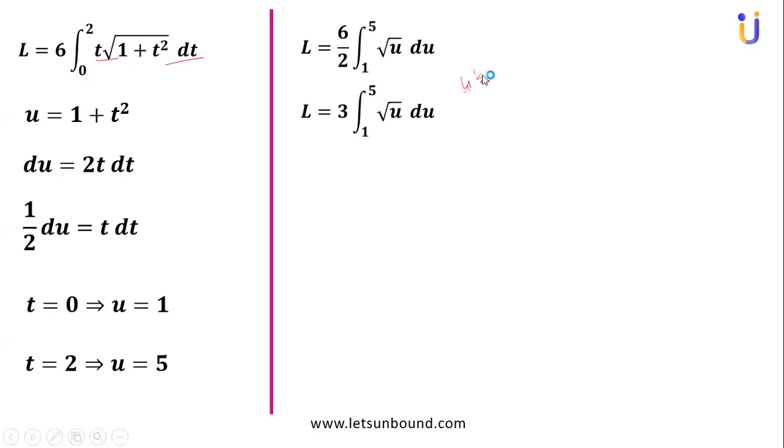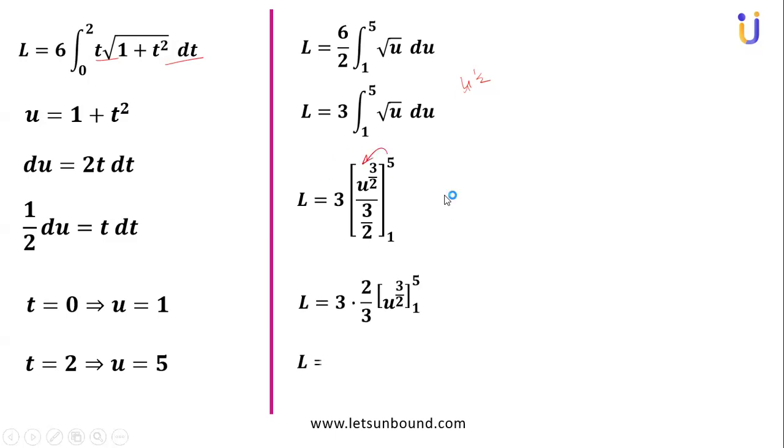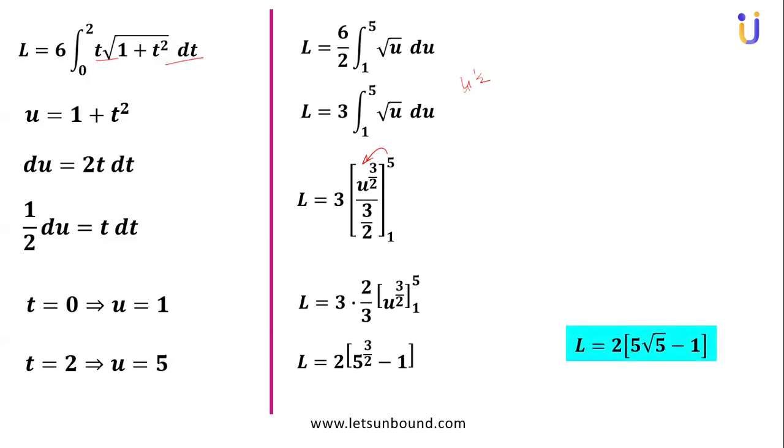So 3 times the integral from 1 to 5 of this, and u to the half plus 1, which is 3/2, divided by 3/2, from 1 to 5. Now upper bound minus lower bound, you substitute it and do the simplification, which is very simple. I'm going very fast here. So this is the simpler form, right? So the arc length is 2(5 root 5 minus 1) units.